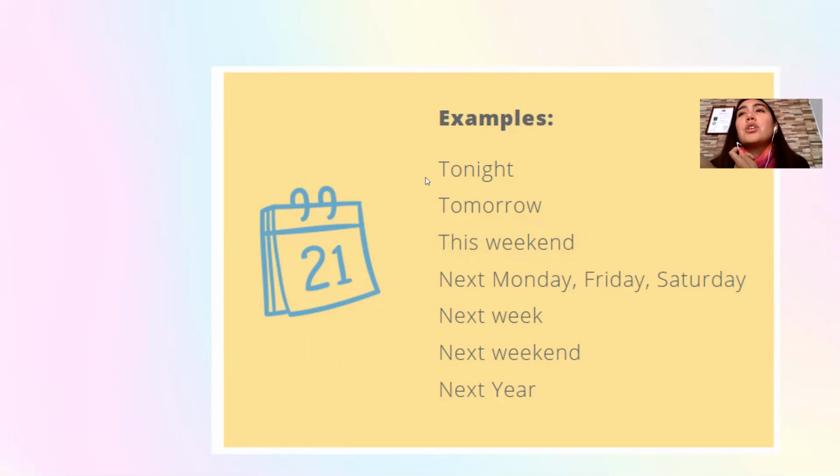You can use tonight, tomorrow, this weekend. For example, I'm watching a movie with my mom tonight, or I'm watching a movie with my mom tomorrow.